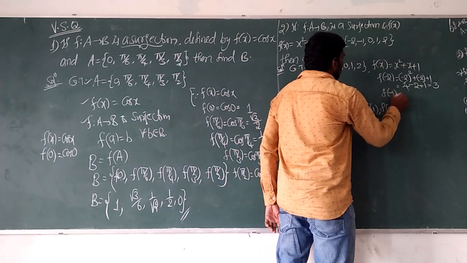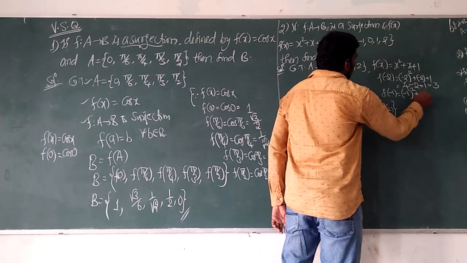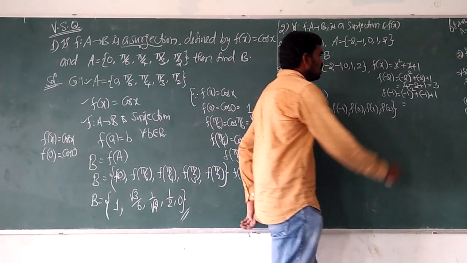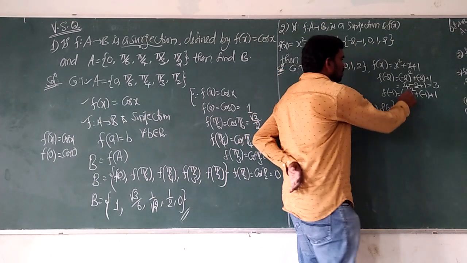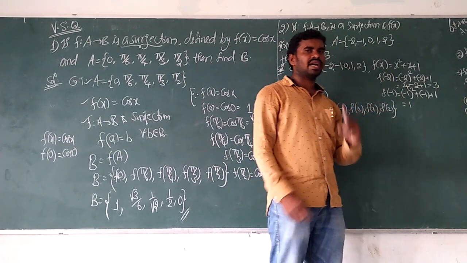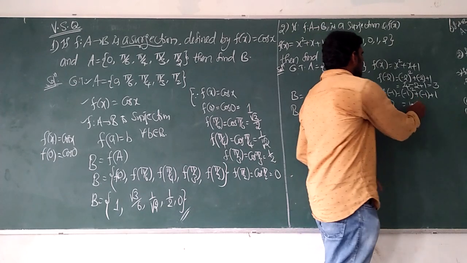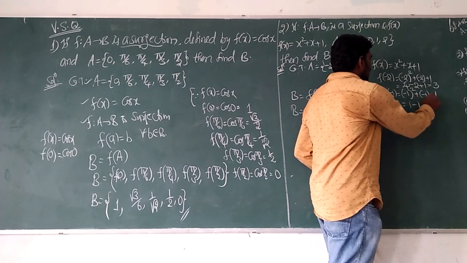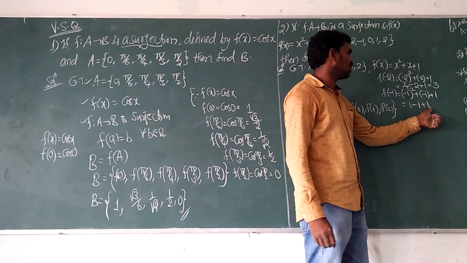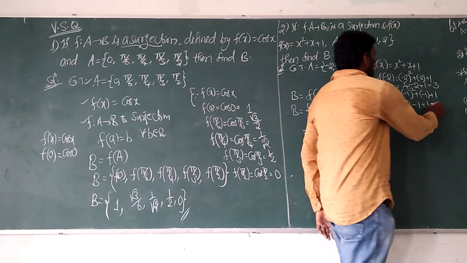Similarly, what is f of minus 1? In place of x, substitute minus 1. So minus 1 whole square plus minus 1 plus 1. Minus 1 whole square is plus 1, because minus 1 into minus 1 is plus 1. Then plus into minus is minus 1, and plus 1 as is. Here the positive terms are 1 and 1, total 2. So 2 minus 1 is 1.